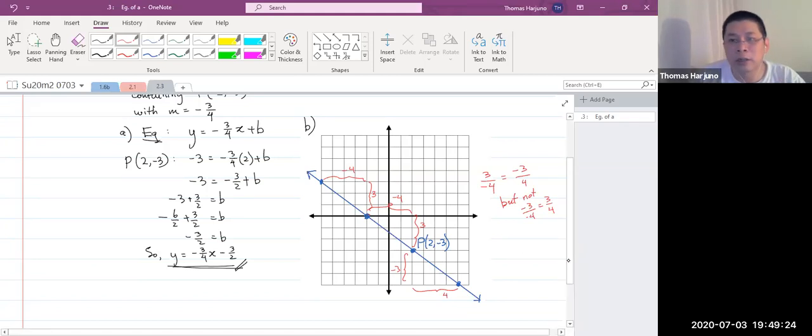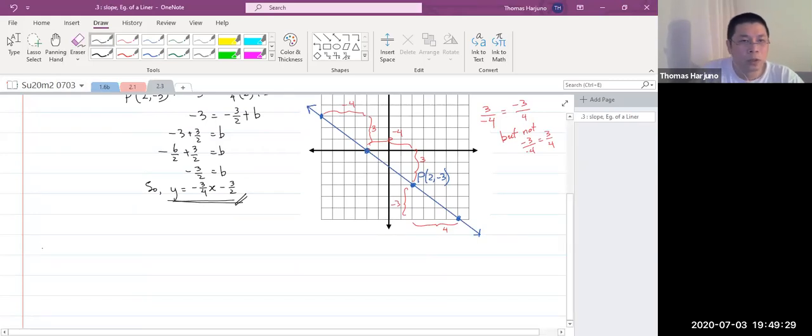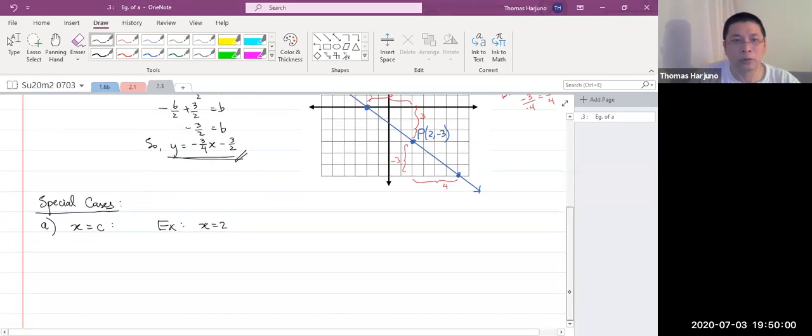Now, extra stuff. I think I want to write this down. A vertical line. Special cases. There are two special cases. The case when we have x equals to constant. Let's say, for example, x equals to 2.